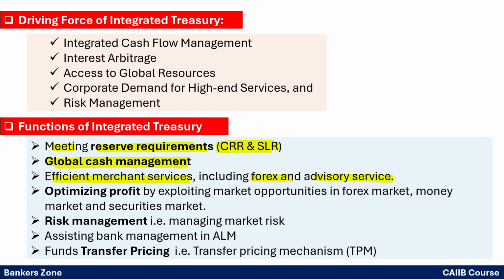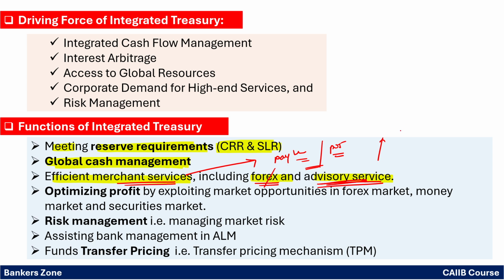So what do you mean by merchant services? Merchant services include, like, a bank providing the online payment gateway to its client. Banks are providing different POS machines, right? So these are simply the merchant services. What are the forex services? Simply exchange of foreign currency. Then advisory services. So banks also provide advisory services.